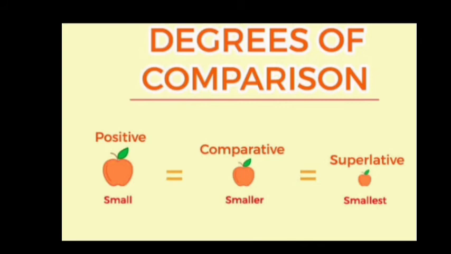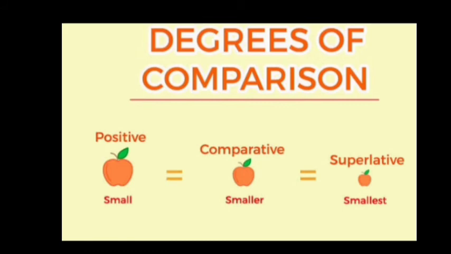When the positive ends in consonant plus Y, we drop the Y and add IER and IEST. When the positive is a word of 1 syllable that ends in vowel plus consonant, we double the ending consonant and then add ER and EST.